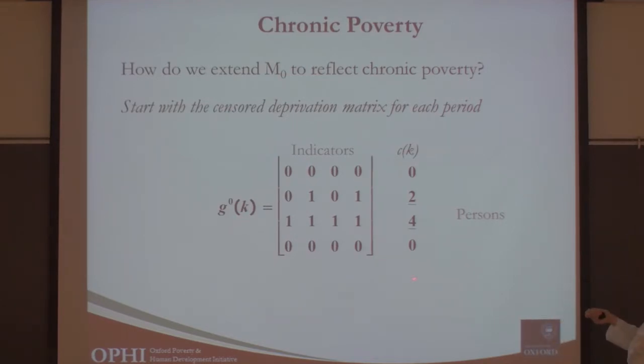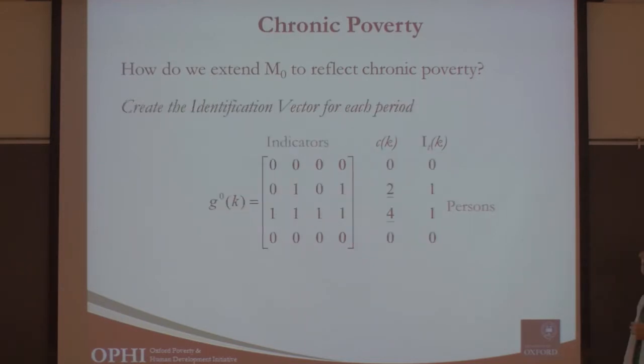And this is your censored deprivation score vector. So this is what we are going to construct for each period. So you construct your censored deprivation matrix. You already know that M0, the censored headcount ratios, the percentage contributions, all of these draw on your G0K matrix, the censored deprivation matrix.